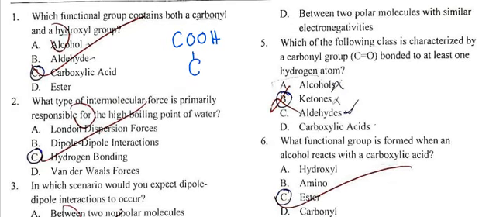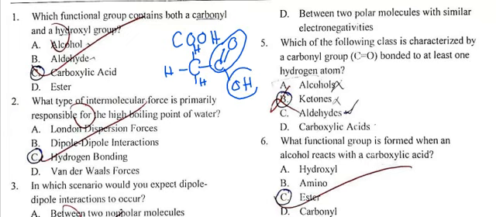This carbon can be attached to a hydrogen there, a hydrogen there, a hydrogen there, and at the end you're going to see it attached to an oxygen atom, to another carbon atom, like that, and it's going to have a carboxylic acid functional group. So you discover that you're going to have this part which is a carbonyl and this part which is a hydroxyl group. So our answer for this one is simply A.